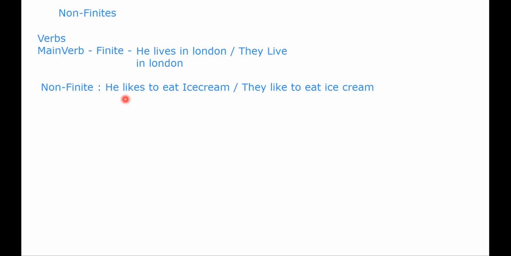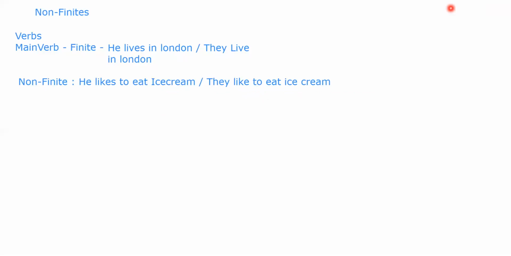Now, we will learn about what types of non-finites we have in English grammar. So there are three types of non-finite verbs. The first one is called infinitive. Number one.